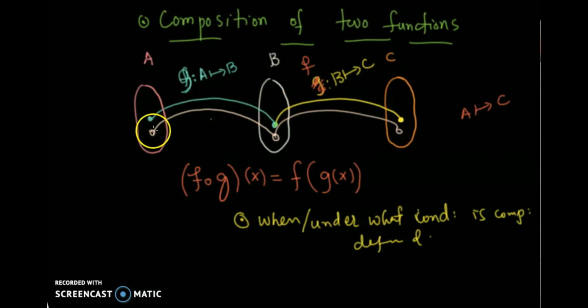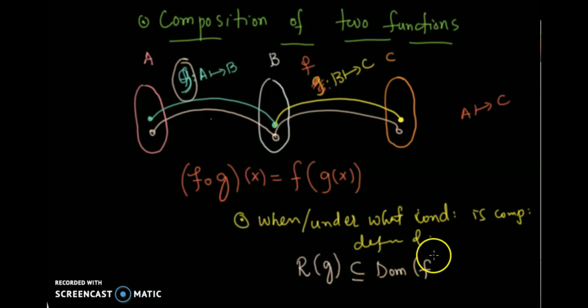So in other words, you can say that the range of this g, I'm defining it R of g, when it is contained in the domain of f, a subset of the domain of f, then we can define it. So the function which is composed inside another function should have range which is contained in the domain of the other.